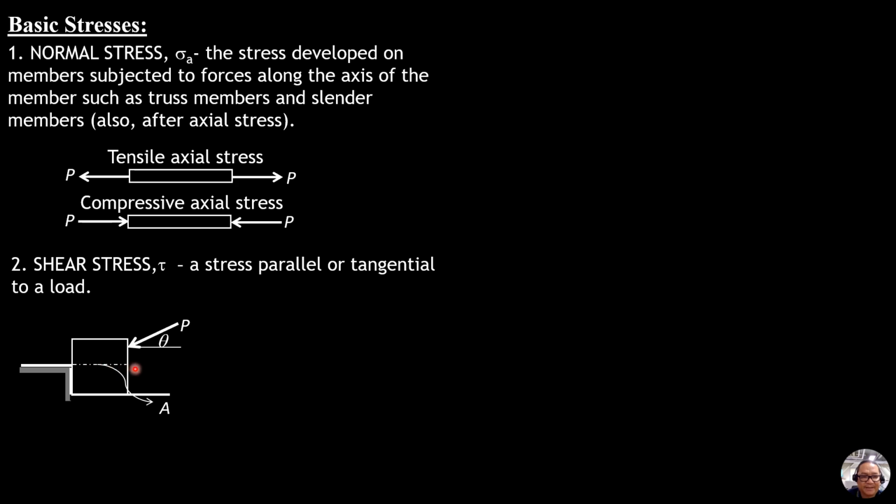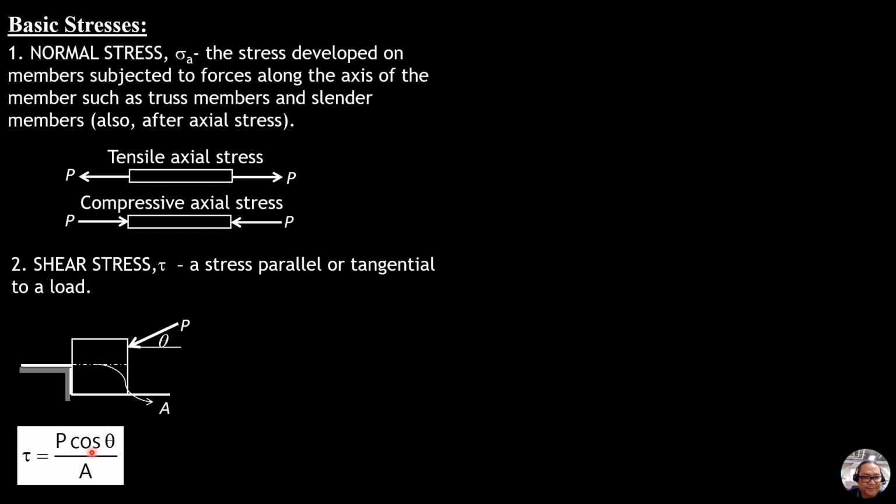The one that is parallel to the area will produce a resisting stress called shear stress, tau, and it is equal to the component of the load parallel to this section, which is P cosine theta. The other component, which is perpendicular to that area, is the normal component and will cause compressive normal stress, equal to P sine theta, the normal load, divided by that area.